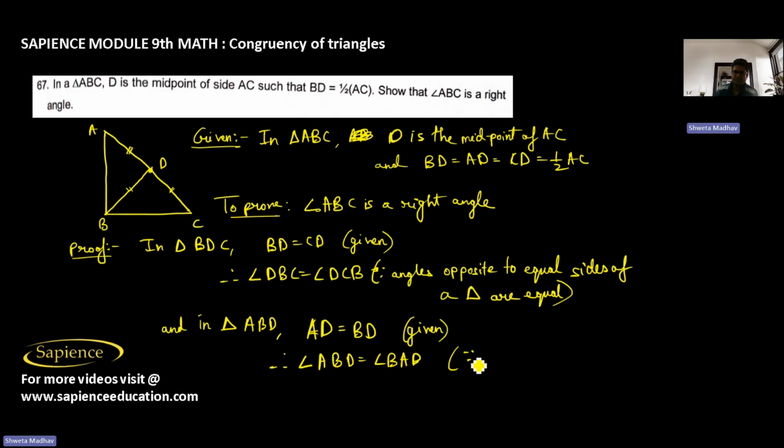Since why? Since angles opposite to the equal sides of a triangle are also equal.